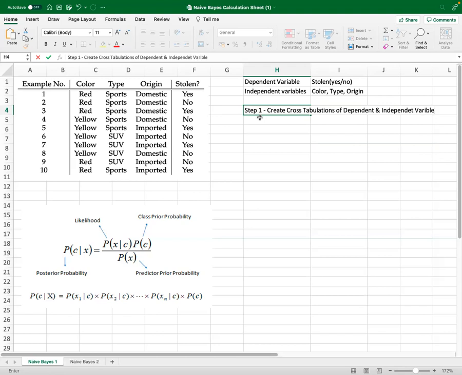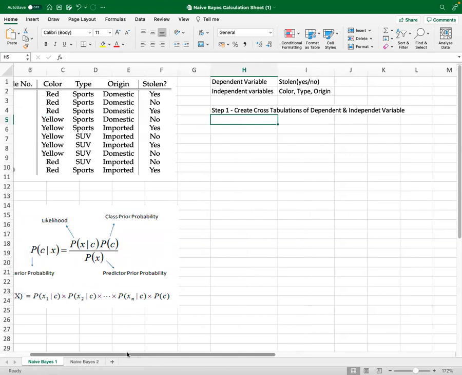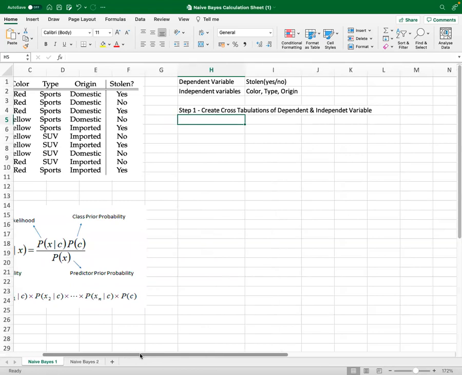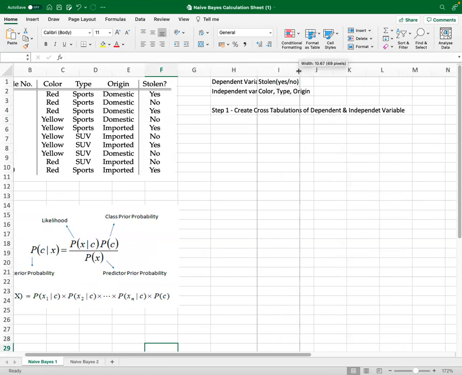It will first do a cross tabulation of dependent and independent variable. Okay.